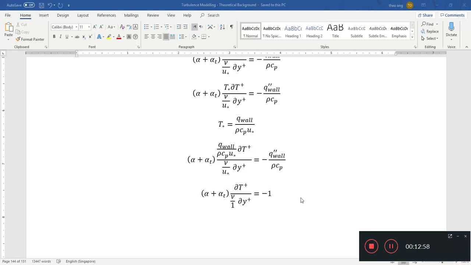Okay, if you want to get rid of this negative sign, you can. We can just define t plus in a different way.